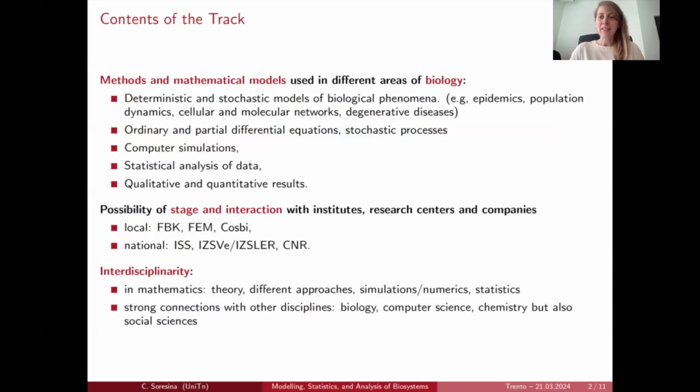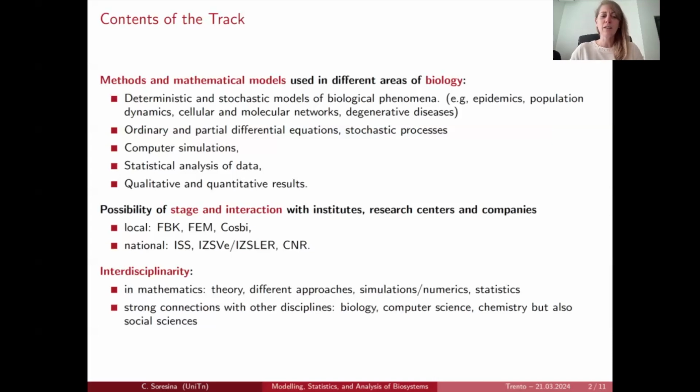This track is also characterized by the possibility of doing stage or interact with institutes, research centers, and companies. At the local level, we have a very good environment here in Trento because there is the Bruno Kessler Foundation close by, the Edmund Mach Foundation in San Michele all'Adige, and the COSBI in Rovereto.